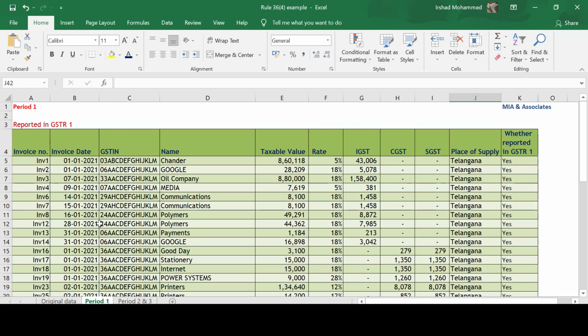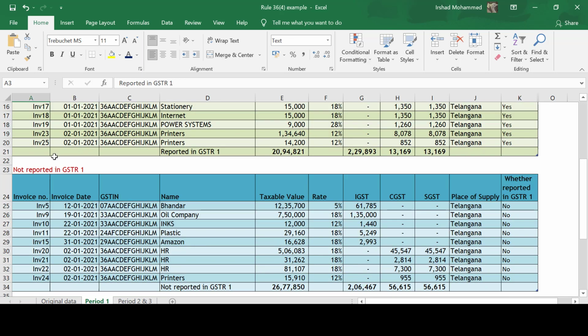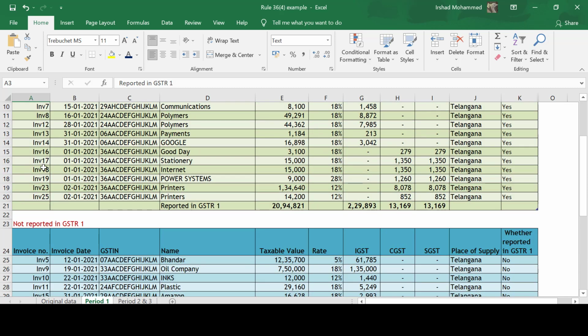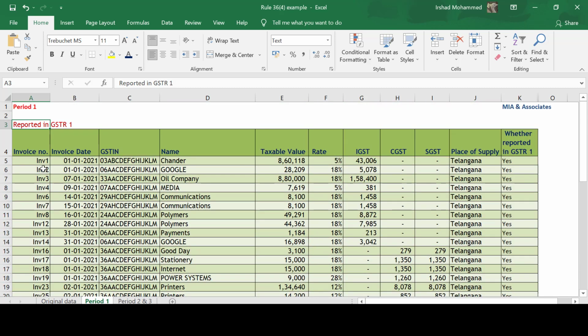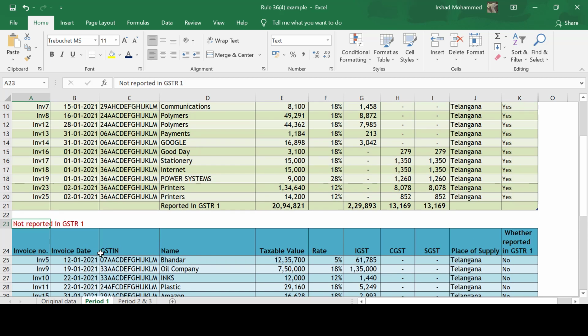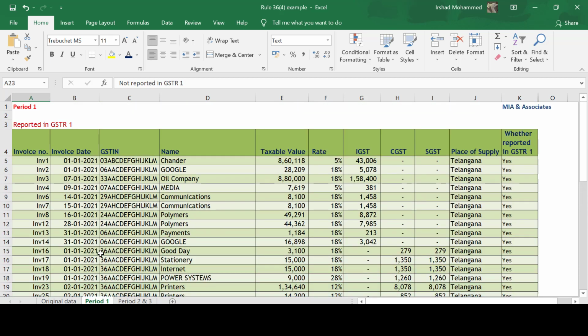Now, if we look at the second sheet, we see that the entire data has been split into two components. This is 1 and this is 2. So reported in GSTR1 and not reported in GSTR1. This data is arrived at based on the invoices reported or not reported in 2B or 2A.